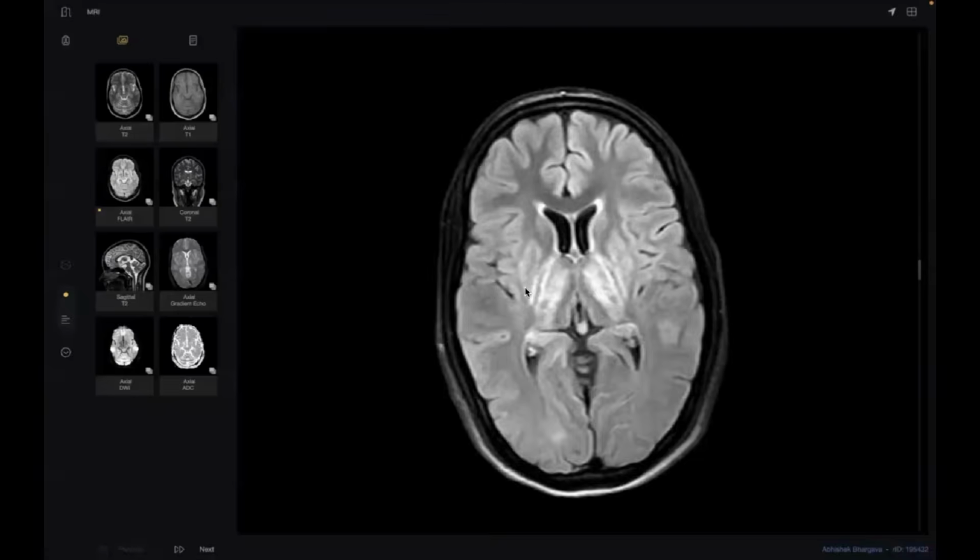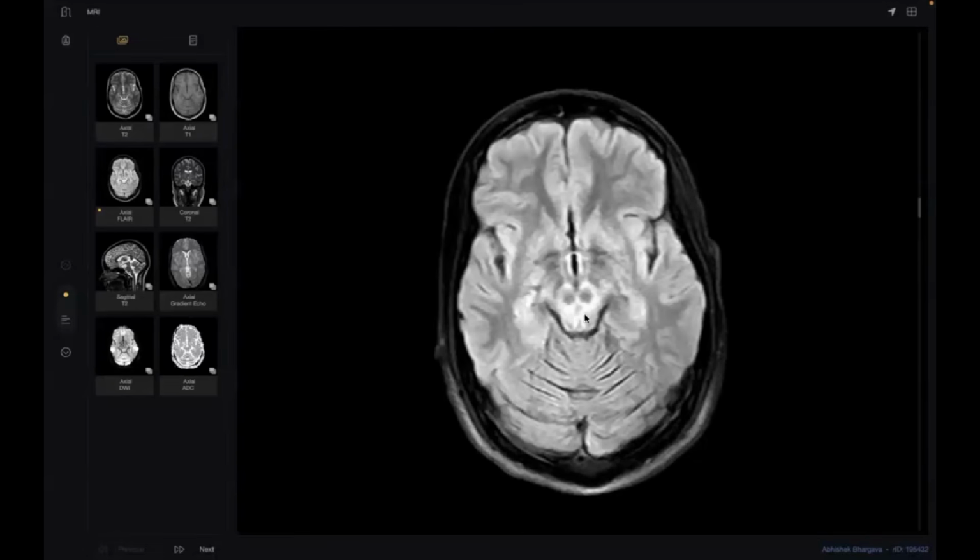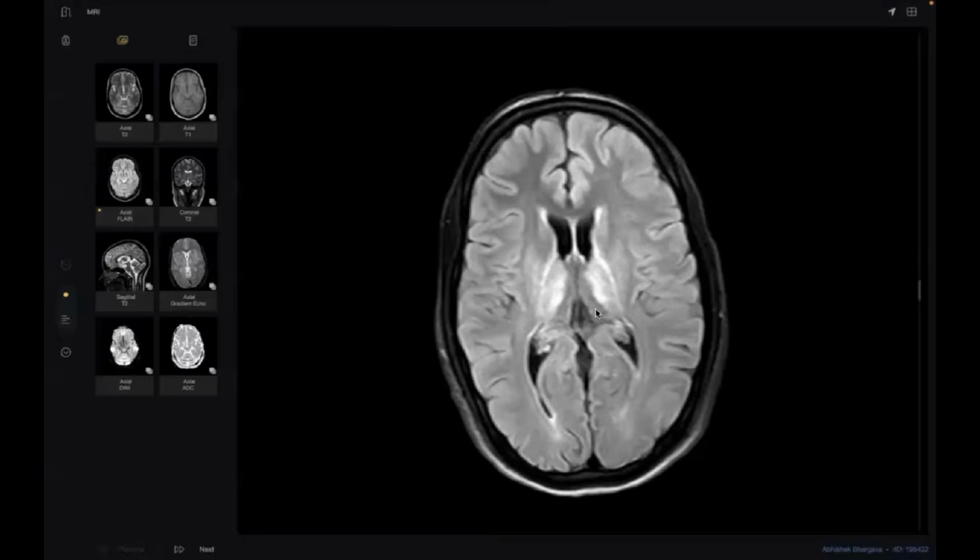He likes this, and then he will go to the midbrain, causing a characteristic pathological sign called the panda sign. This is number one.